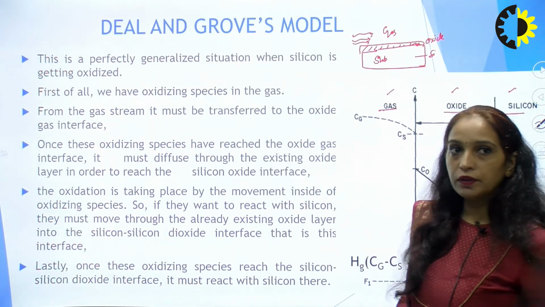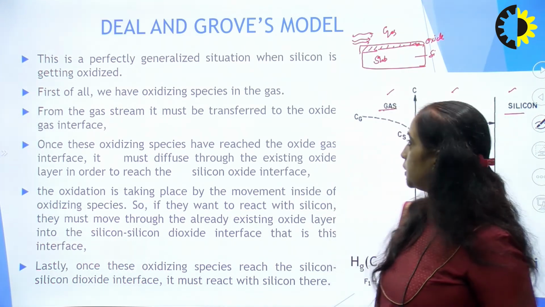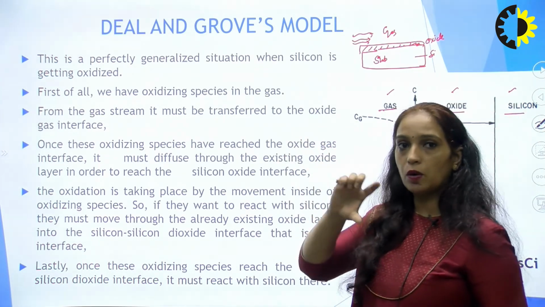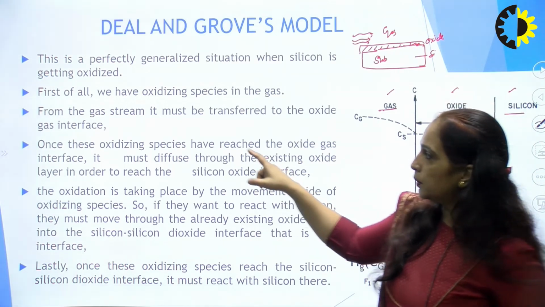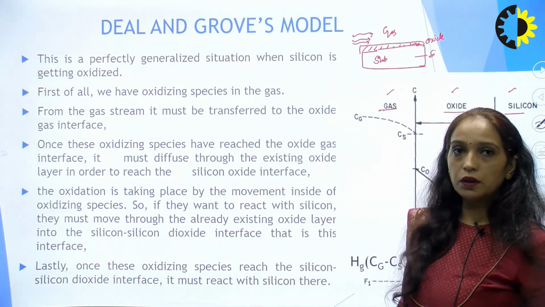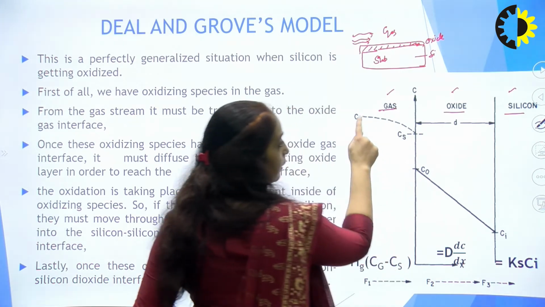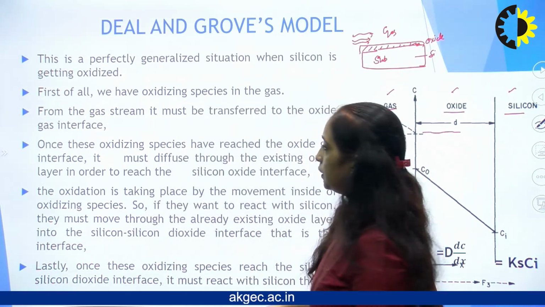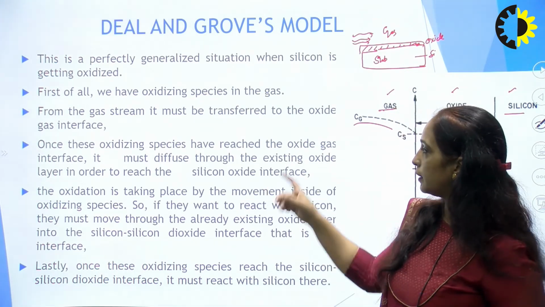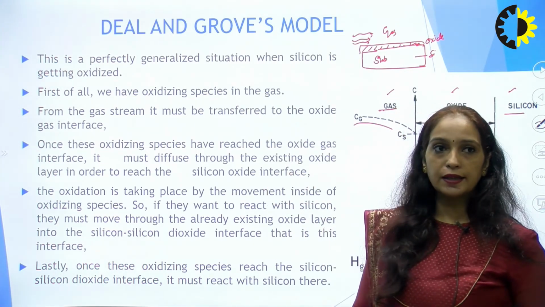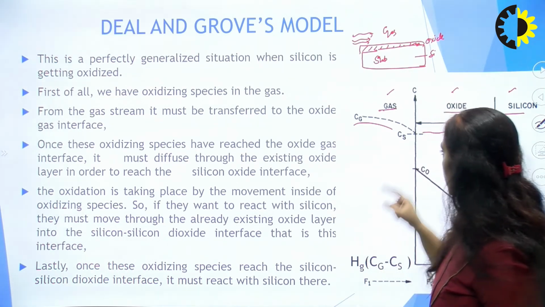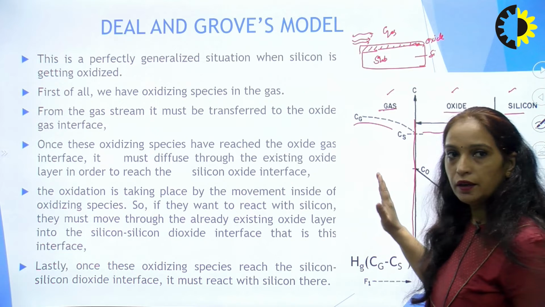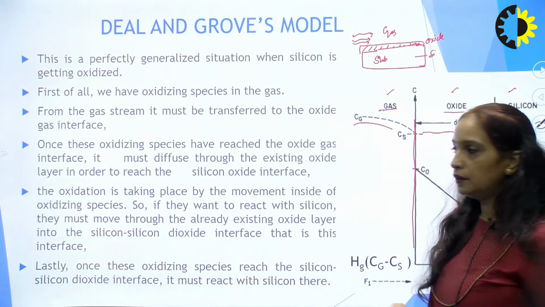So first of all, we have the oxidizing species in the gas form. We have some gas which will react with the silicon so that your oxide layer can be formed. From the gas stream, it must be transferred to the oxide layer. Here in the diagram, we can see that from this gas, it is transferred to this oxide layer. Once these oxidizing species have reached the oxide-gas interface, they must diffuse. These gas elements will diffuse at this point and then enter the silicon dioxide area.